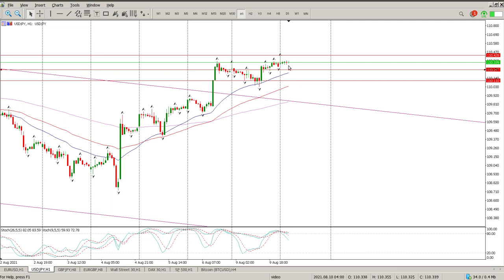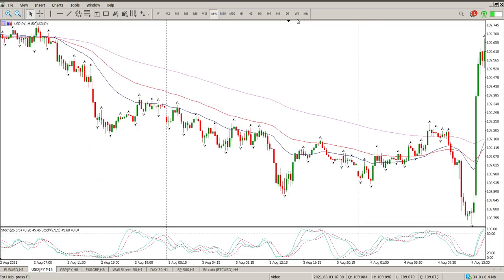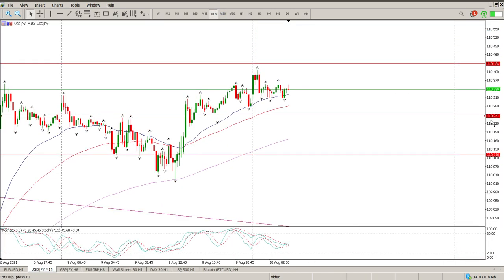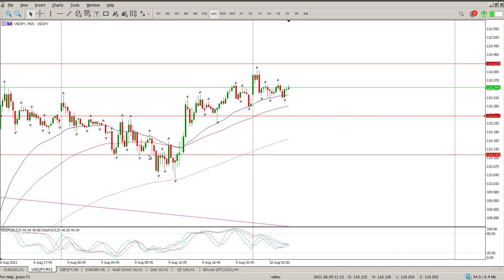But at the moment it is sideways, so we need to wait for some setups. I just want to check the 15-minute just to see if there's anything different here. Nothing really. That setup there would be very difficult to get because it's not really getting above the level. There's nothing. Oh, there is a gap. There is a gap.